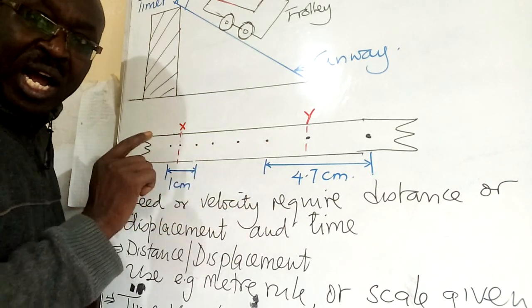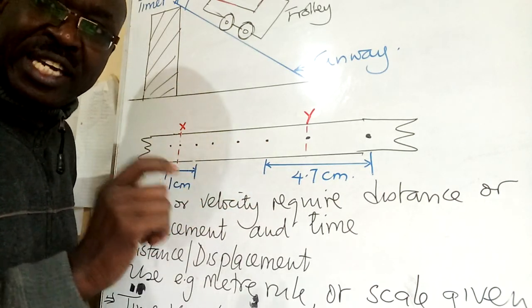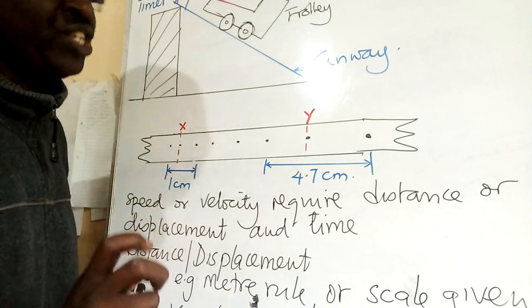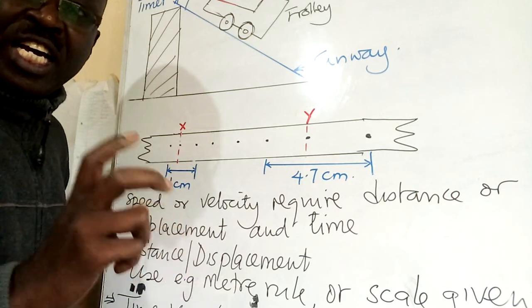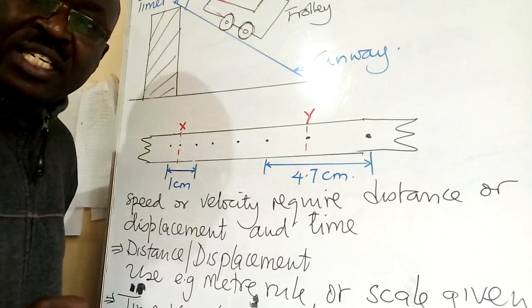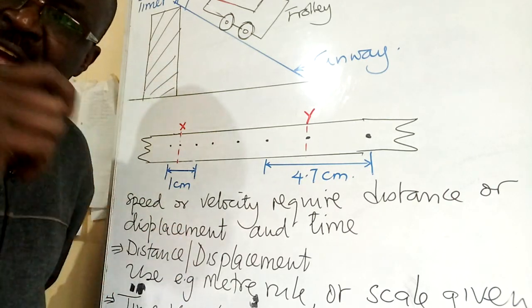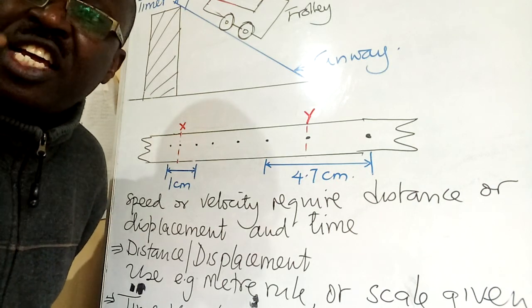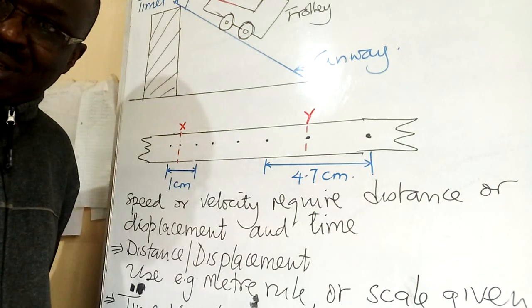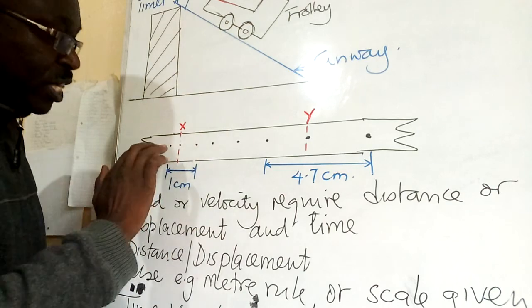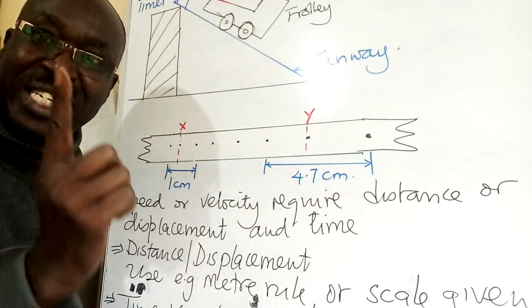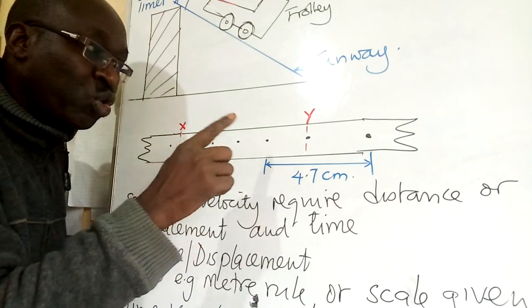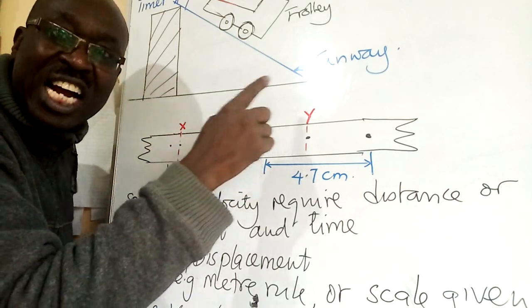Okay? And I've said the timer has a frequency, e.g. 50 Hz. What does it mean? It made 50 dots in 1 second. On this tape, we can study the time taken to make one dot and the next.